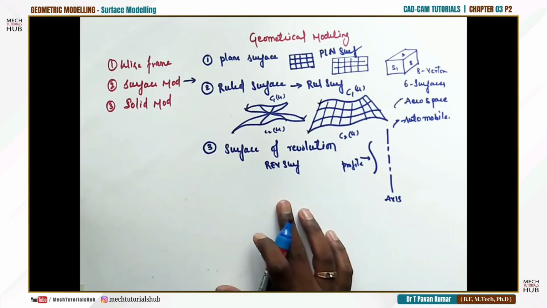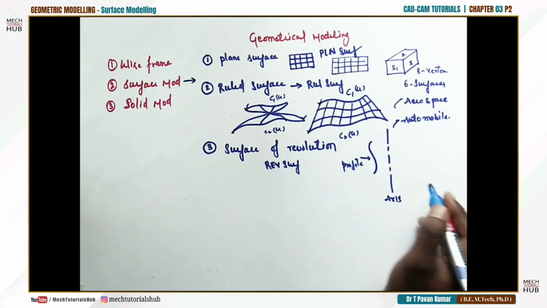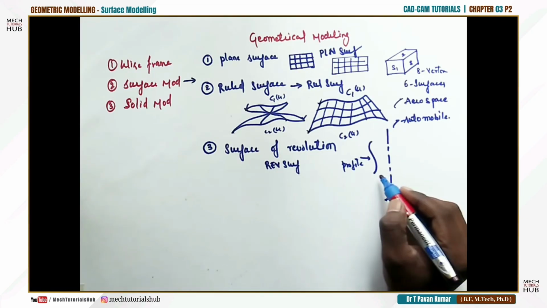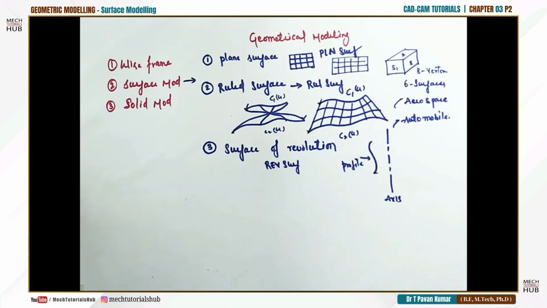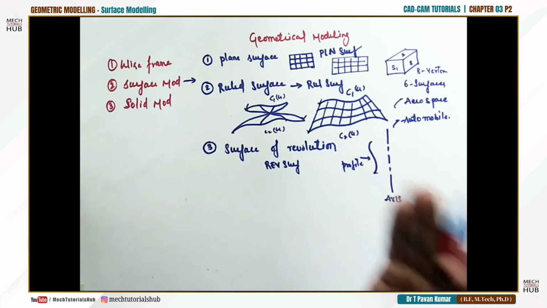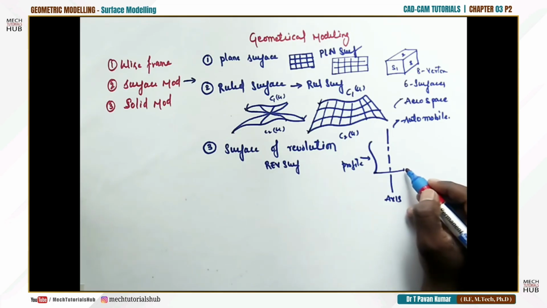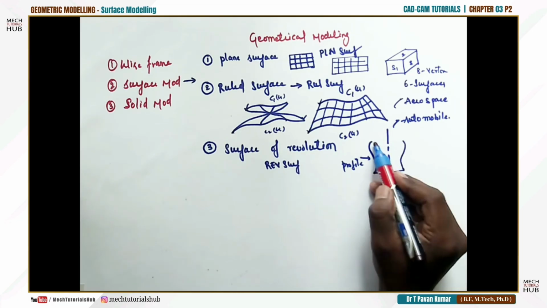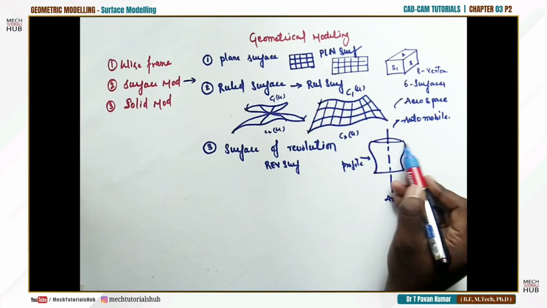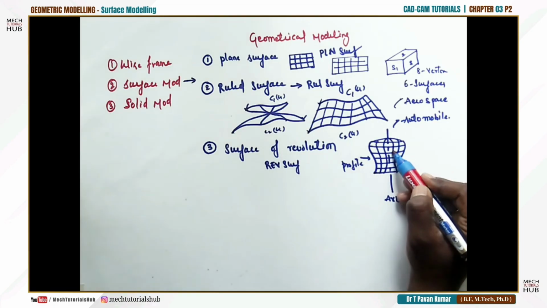Then select the profile followed by the reference axis. The profile will rotate with respect to the axis line to get a symmetrical object, something like this.